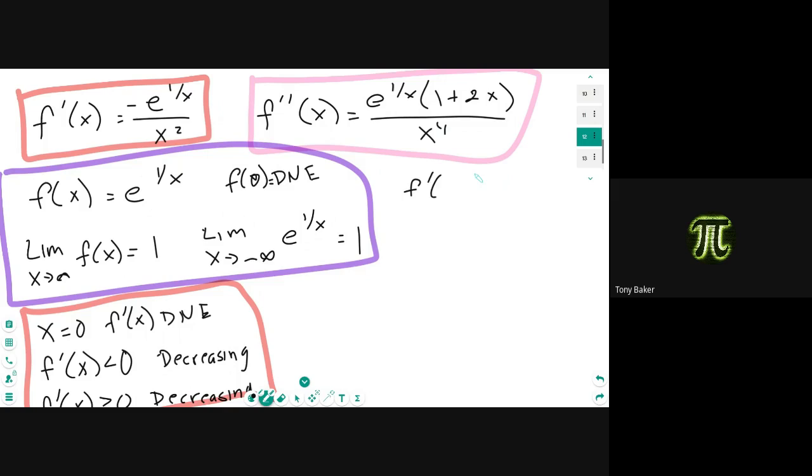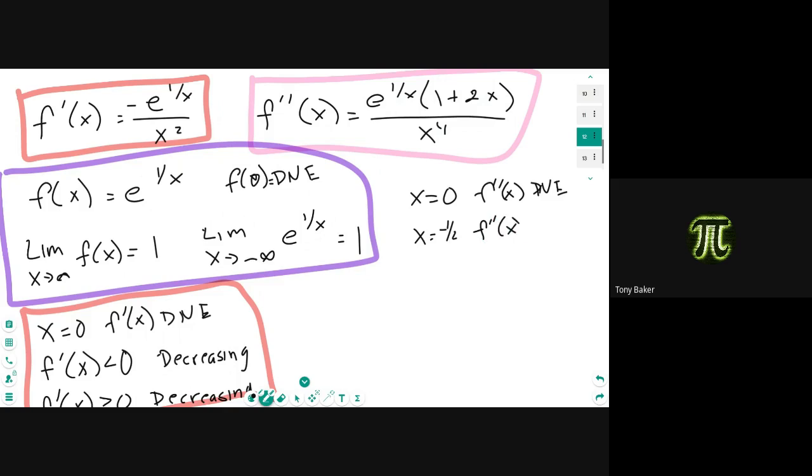So I have x equals 0, because that's going to make the bottom 0. So f double prime does not exist, right? At 0 still. Do I have another point? So this can never be 0. That one's the x equals 0. When does this become 0? At negative 1/2.